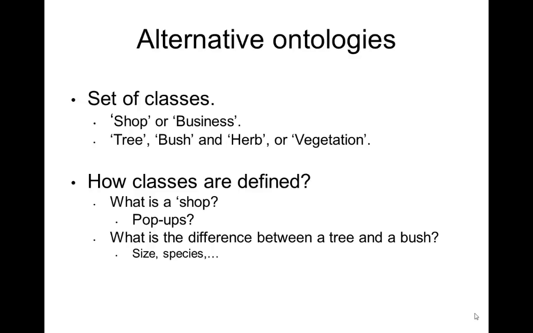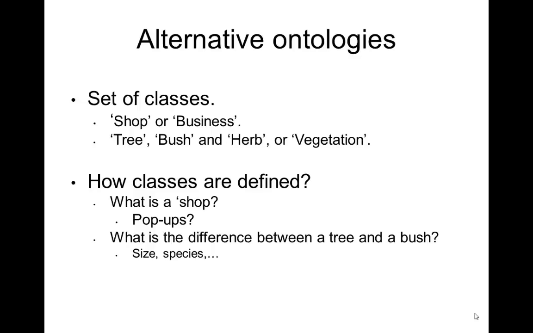Similarly, perhaps you went for a definition of classes that divided tree, bush, and herb. But what is the difference between a tree and a shrub? Is it the size, how big it is? Or is it the species that defines whether it's a tree or a shrub?